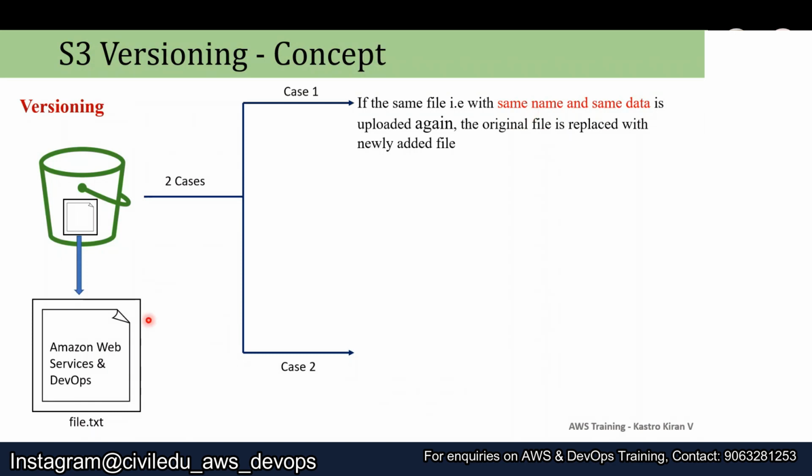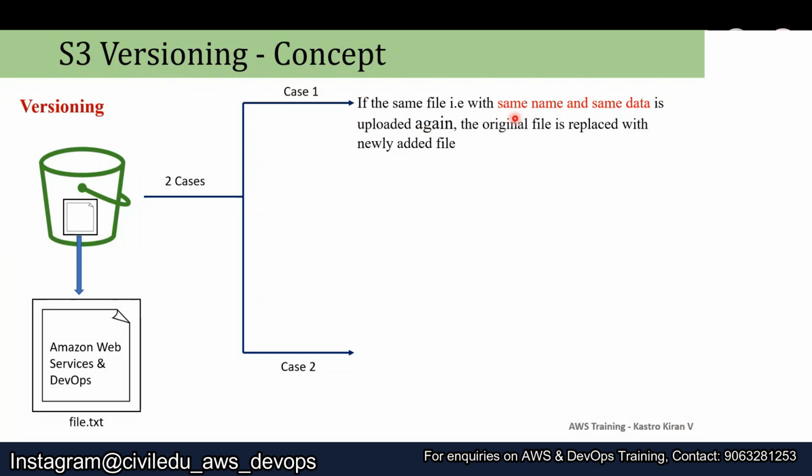This is your original file. Now in case one, you are uploading the same file one more time. What will happen? Whatever old file is already available will automatically get deleted, and the latest file will be added, or uploaded, into the S3 bucket. When will this happen?